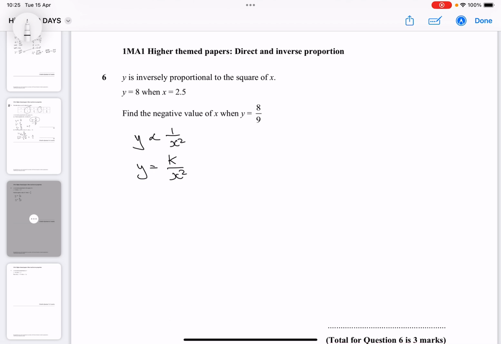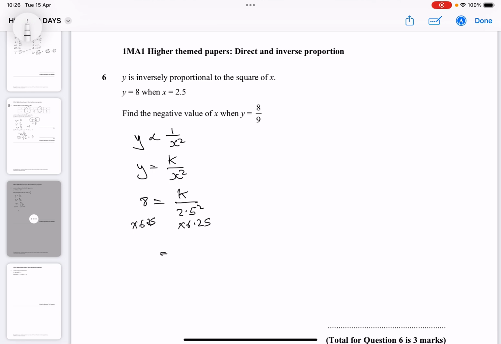Y is 8, k, and then we've got 2.5 squared. 2.5 squared is actually 6.25. So I times this by 6.25. If you had a calculator, you could work that out. I just so happen to know that.